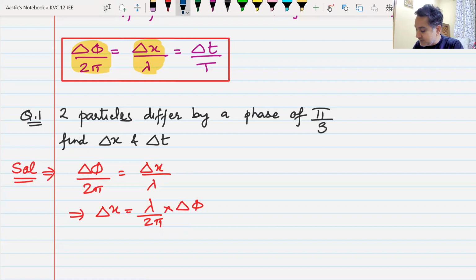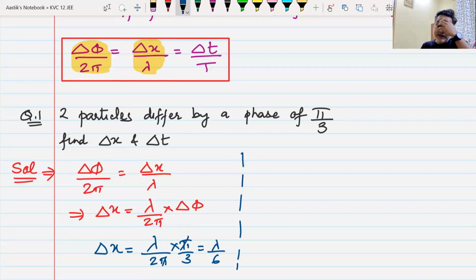The path difference will be equal to lambda by 2 pi multiplied by pi by 3. Pi cancels, and the answer becomes lambda by 6. So if they differ by a phase angle of pi by 3, which is 60 degrees, the path difference between them would be lambda by 6. Do we understand this, everyone? Raise hand, it gives me more confidence that we are in the same universe.